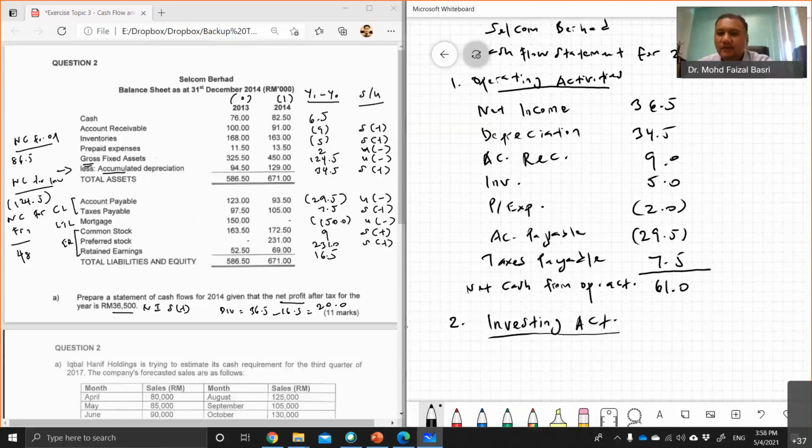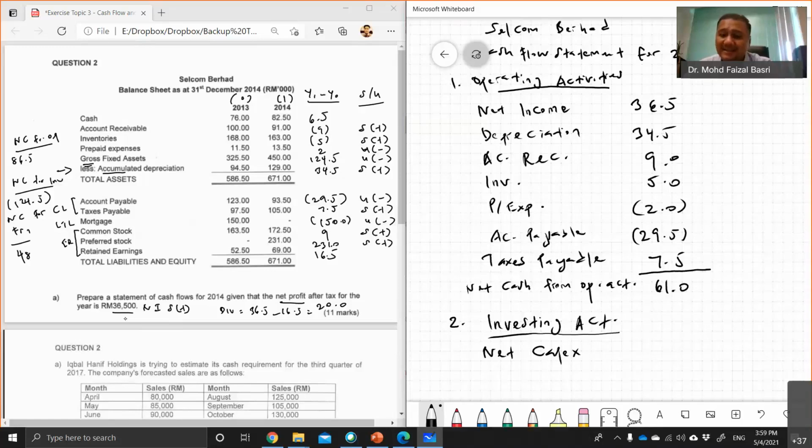Okay, so for investing, we just have one item, which I always put here as net capex, net capital expenditure. This net capital expenditure is from our fixed assets. I recap back for fixed assets: it depends whether the question gives you gross or net. If gross, like this question, we just minus and use that information directly.